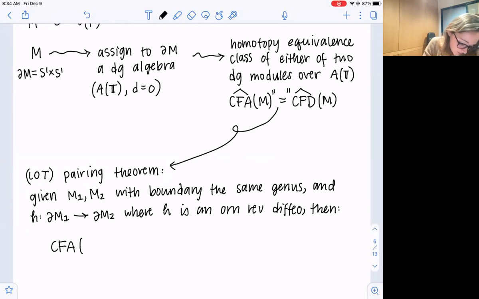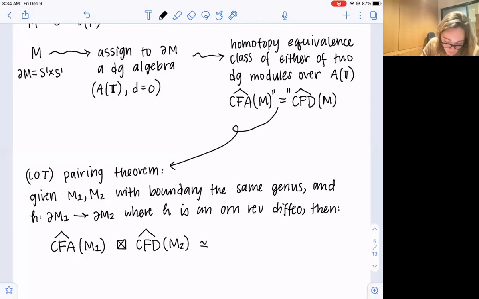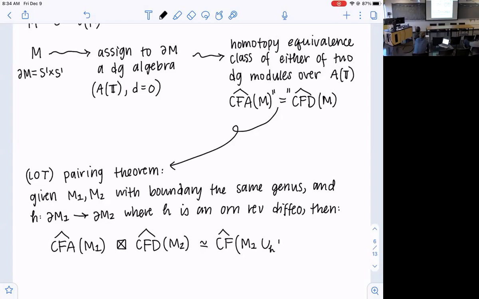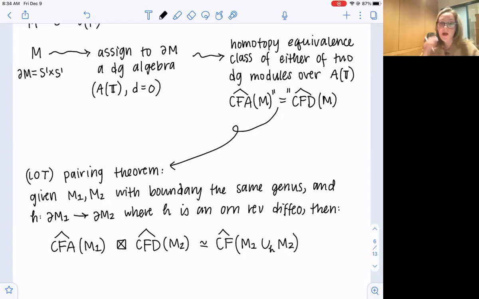If we take the type A structure of one of them, it doesn't matter which, and we take the box tensor product with the type D structure of the other, what we'll get is something homotopy equivalent to the closed invariant coming from Heegaard Floer theory of the manifold we get when we glue them together via this map.